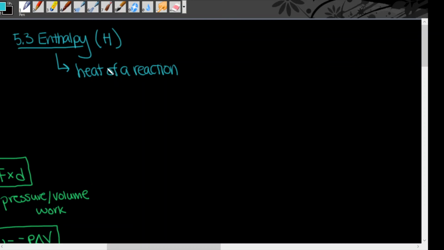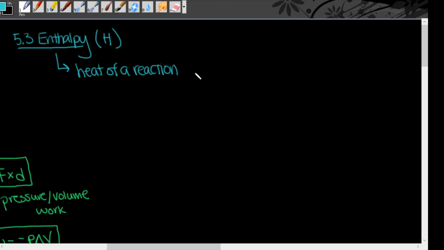So what you're probably wondering is, why do we need another variable when we just spent all this time talking about heat being Q, right? If these two things are the same. Well, technically they are not the same, okay? Q, heat, and enthalpy are not always the same thing.